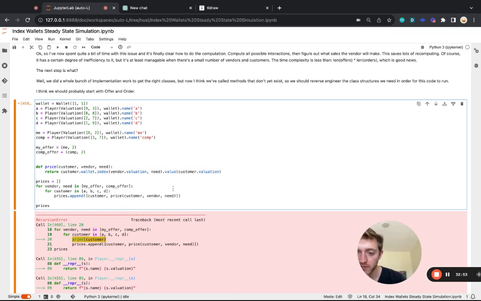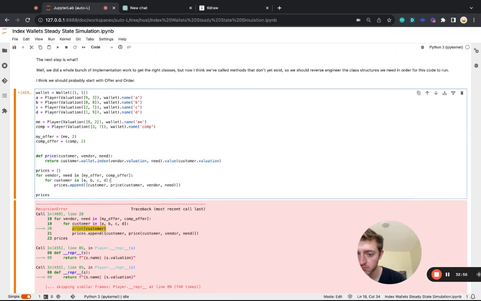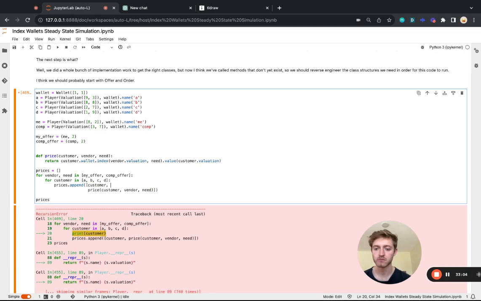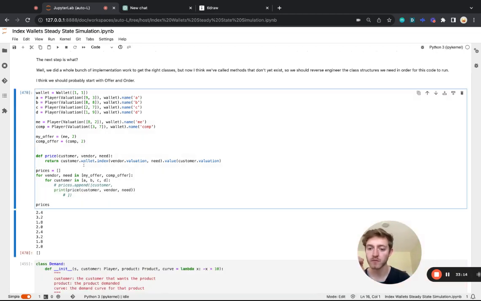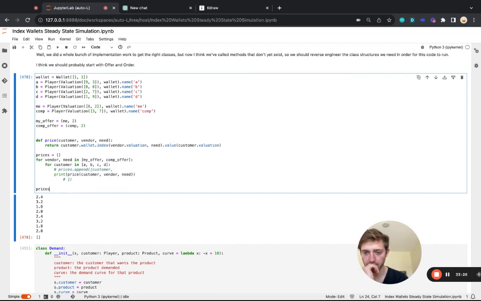Ooh, okay. Okay. For some reason, appending prices causes it to recurse forever.